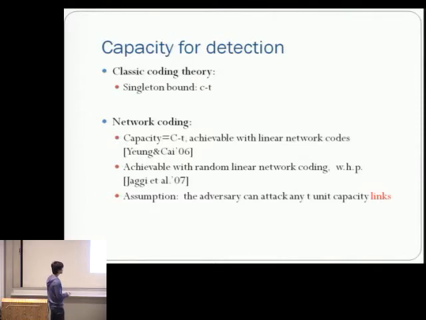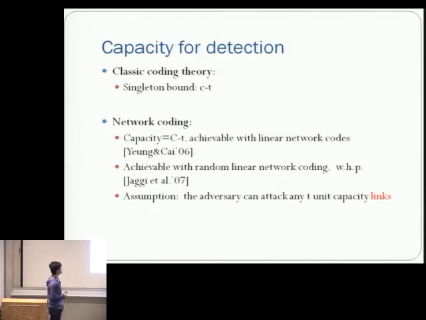There is the Singleton bound, which gives C minus T as the capacity of detection with a block code. The block length is C, and T is the maximum number of bits that can be corrupted.